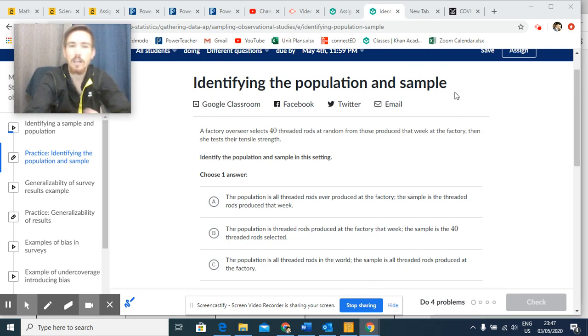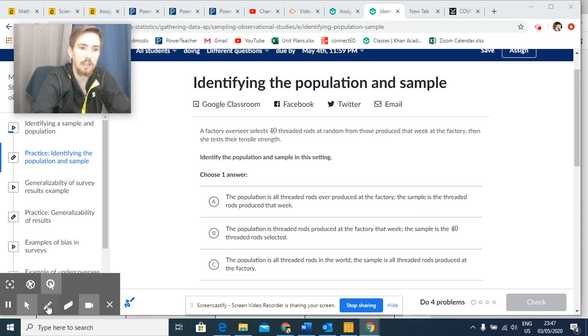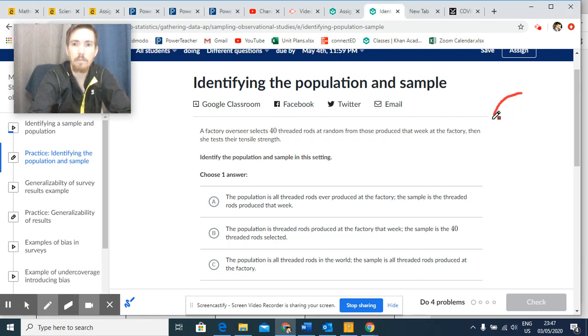Anytime we're trying to do population statistics, which is what we started doing with mean and average, you have two groups. You have the population, and then within that population, you're going to take a sample.